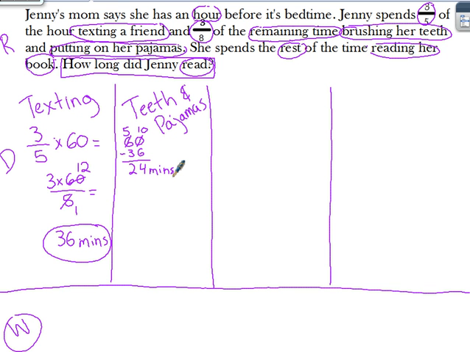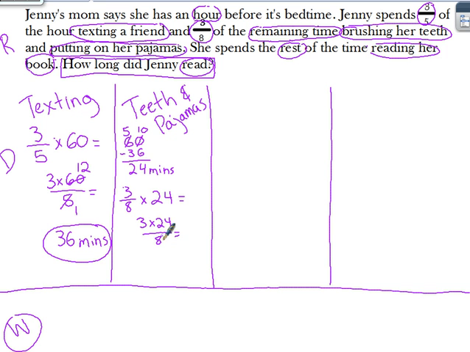Well, it's not how long she brushed her teeth for, that's just the remaining time. She spent 3/8 of that time brushing her teeth and putting on her pajamas. So 3/8 of 24. That gives me 3 times 24 over 8 in that 2 numerator, 1 denominator fraction.